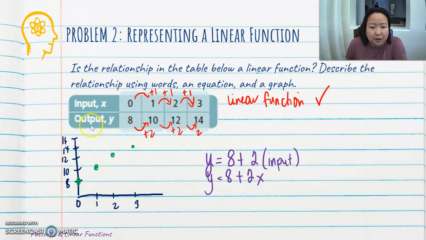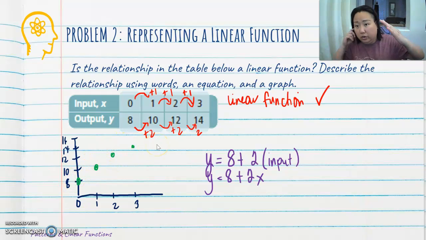Go ahead. If you check the patterns of our input and output, you can see it's consistently adding 1 to our input, and our output is consistently adding 2 every time. So that satisfies our linear function checklist. If we graph it, those points will definitely follow a straight line.